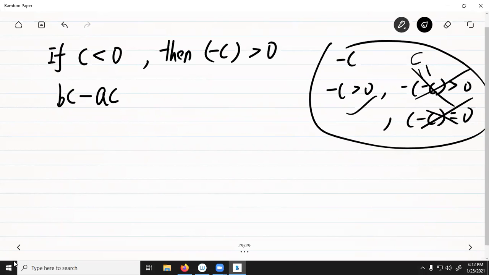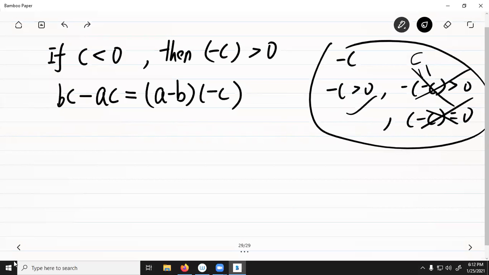BC minus AC is equal to A minus B times negative C. Of course, there are several steps, but you can figure it out easily. You can take a C out, then put some negative sign, then put the negative inside, then you will interchange A and B, right? So you will have this one.